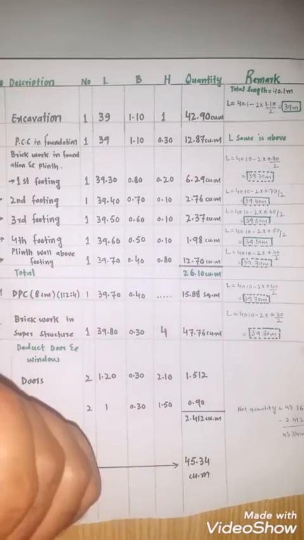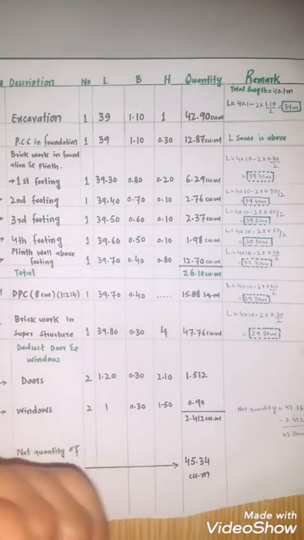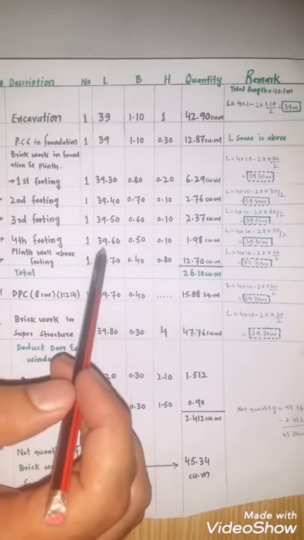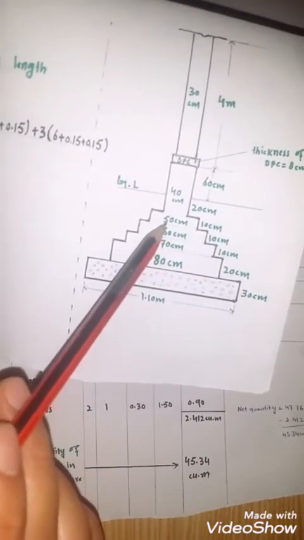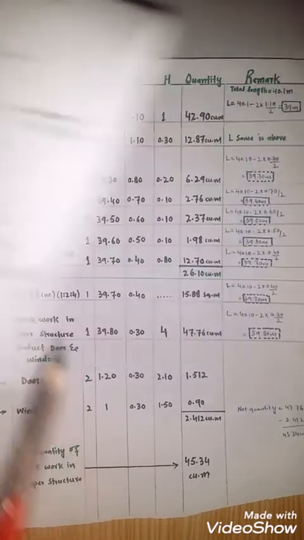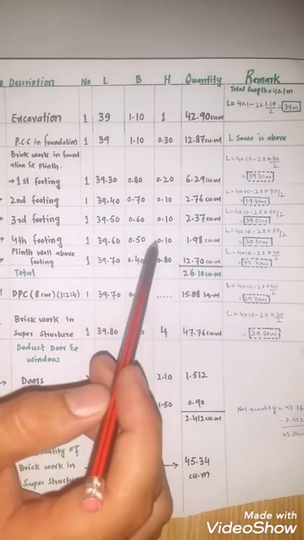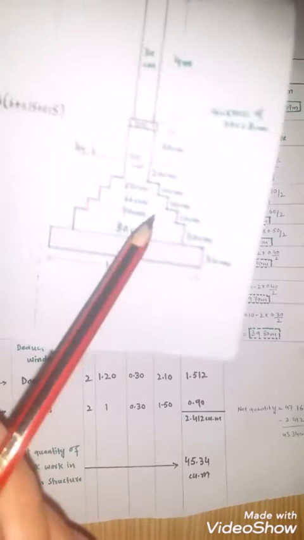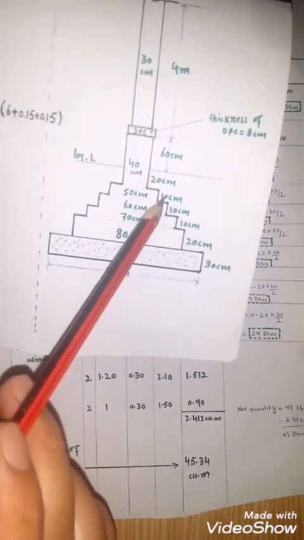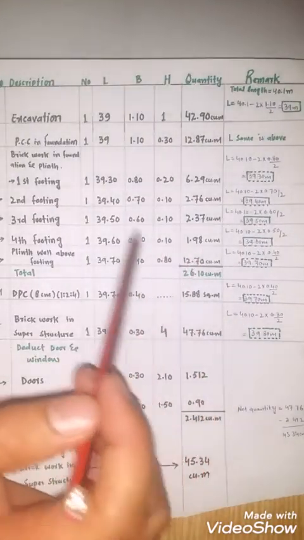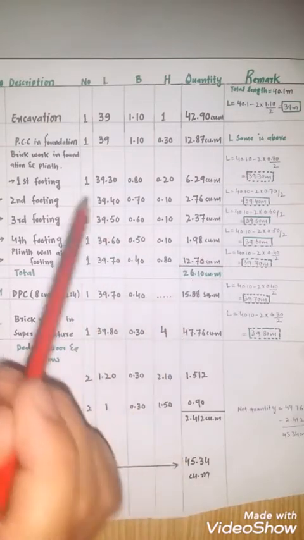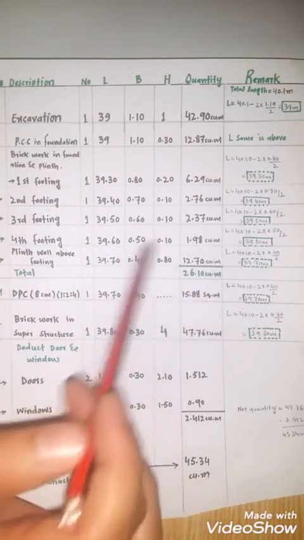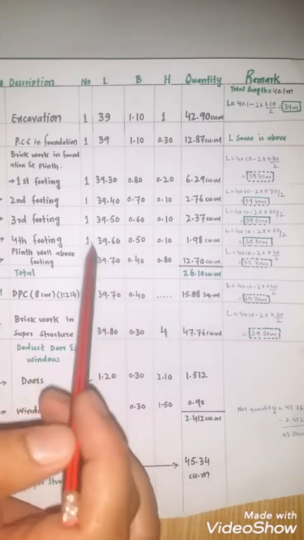Now for the fourth footing, the length is 39.60. The breadth is equal to 0.50 meter or 50 centimeter. And the height of the footing is equal to 0.10 meter or 10 centimeter. The quantity is equal to 1.98 cubic meter. And this is explanation for this length.